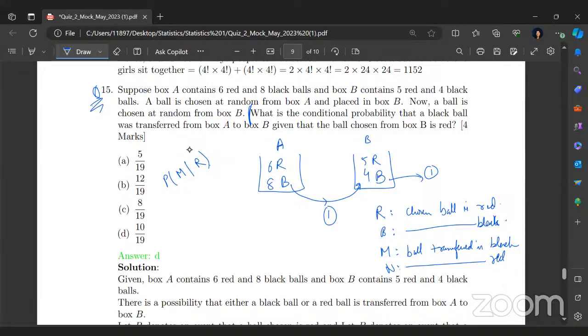Okay, no, R is chosen ball is red. Okay, wait, think.